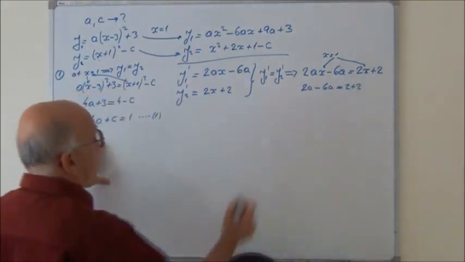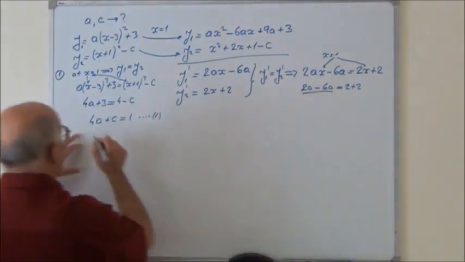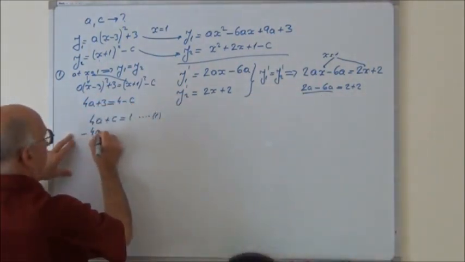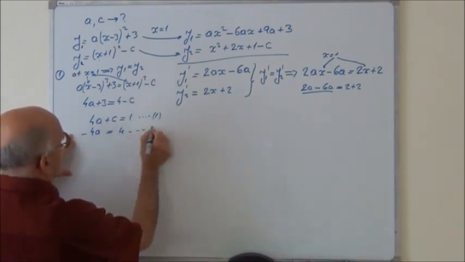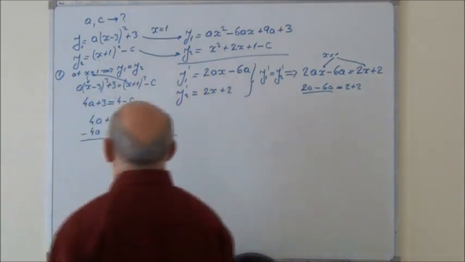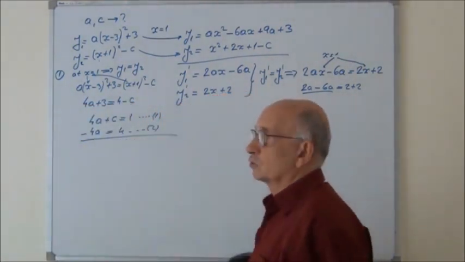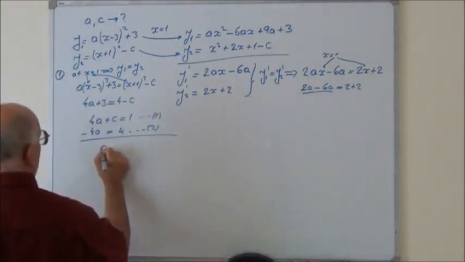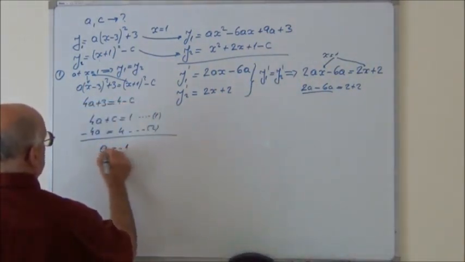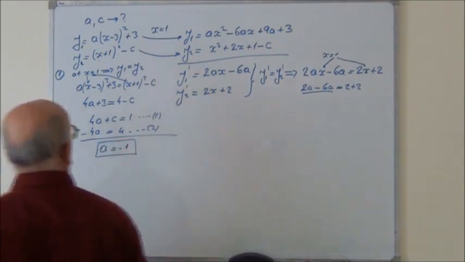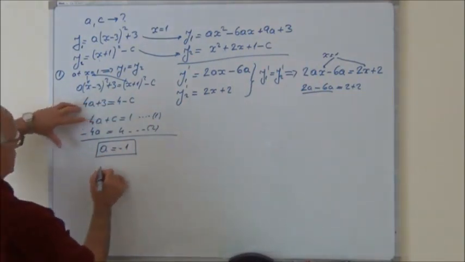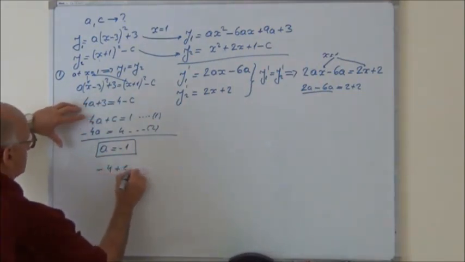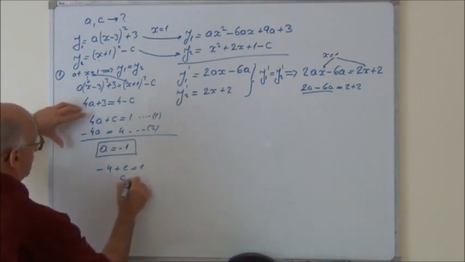So the second equation will be minus 4a equal 4. Really, here we already have the solution for a, so a equal minus 1, and now to get c, we substitute a equal minus 1 here, so it will be minus 4 plus c equal 1, and c is equal 5.